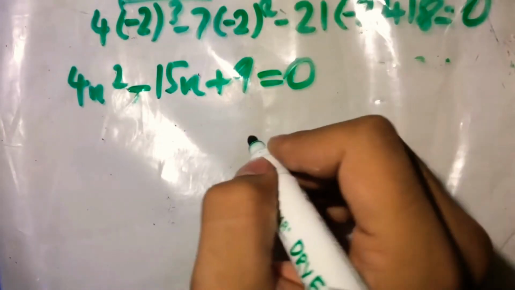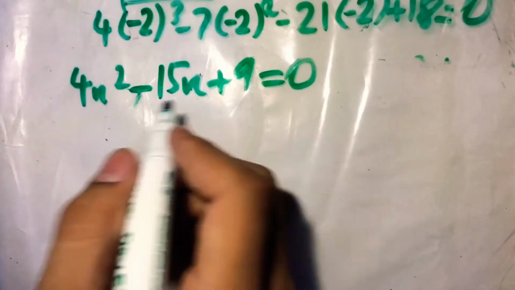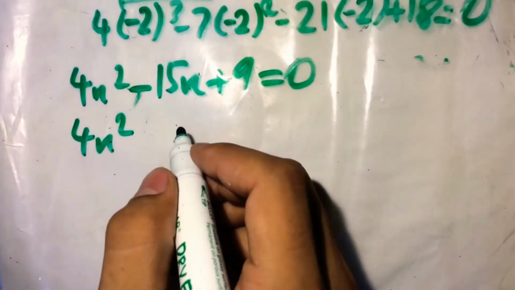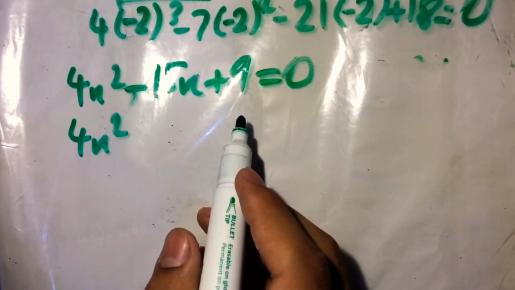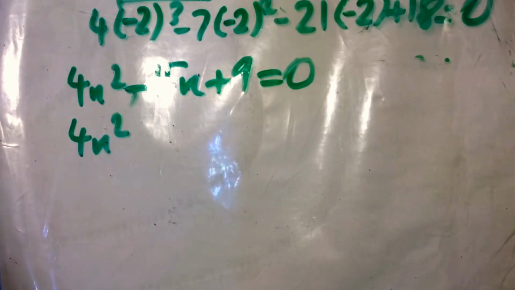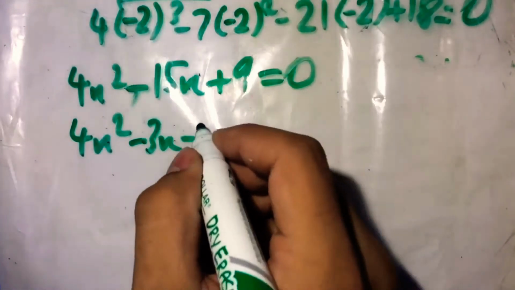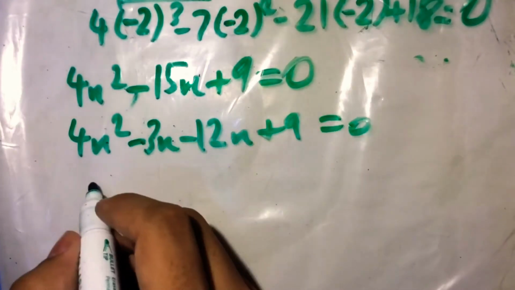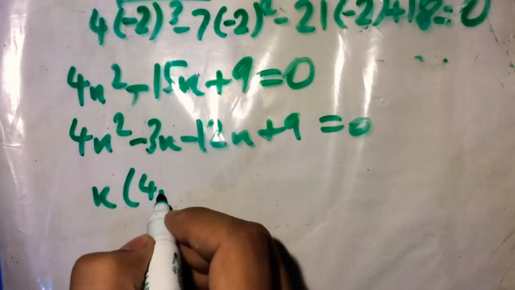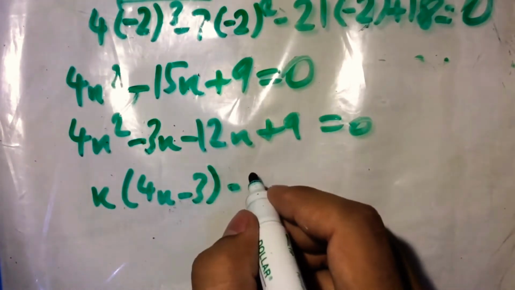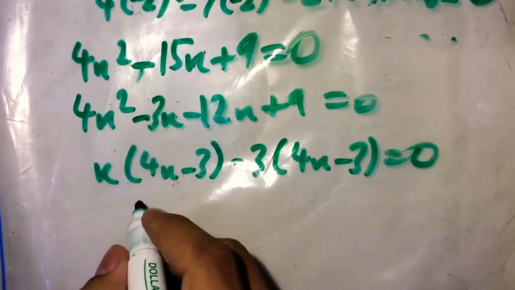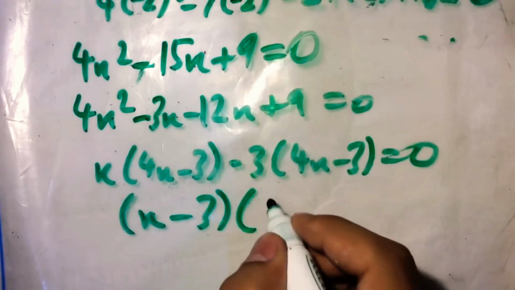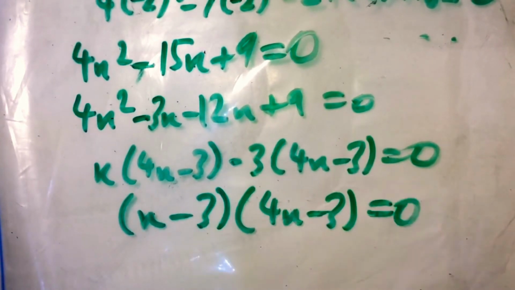Now we'll equate this with 0, and use middle term breaking to find the other two factors. 4x square minus 3x minus 12x plus 9 equals 0. x into 4x minus 3 minus 3 into 4x minus 3. So the other two factors are x minus 3, 4x minus 3 equals 0.